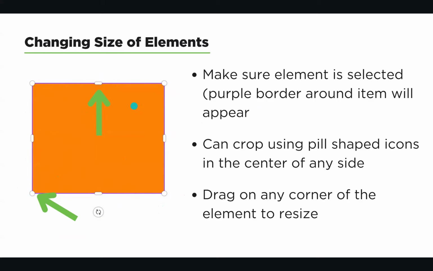You can pull up or down, or drag on any corner to make that longer, wider, smaller, shorter. You are not limited in how you want to change the size of that element, especially on the desktop.